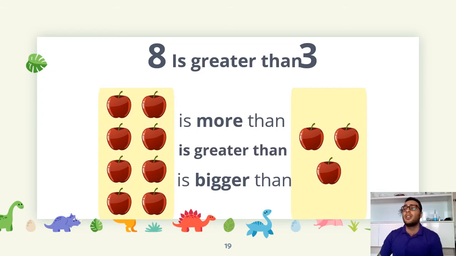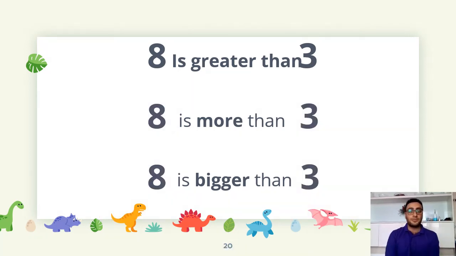You can say, teacher, I want to say 8 is more than 3. Okay, good job. Or you say, oh, teacher, I don't like it. I want to say bigger. I want to say 8 is bigger than 3. Again, it's okay. You can do it, okay? It's your choice. But we have 3 ways to say this, all right? So, we can say 8 is greater than 3.